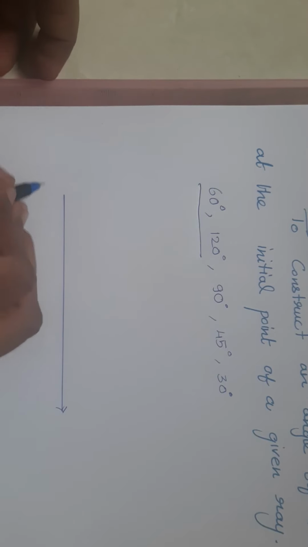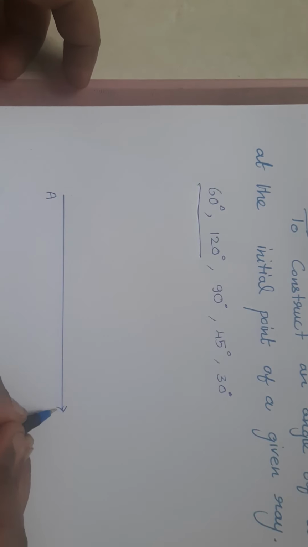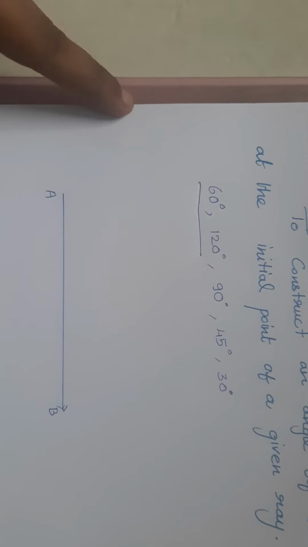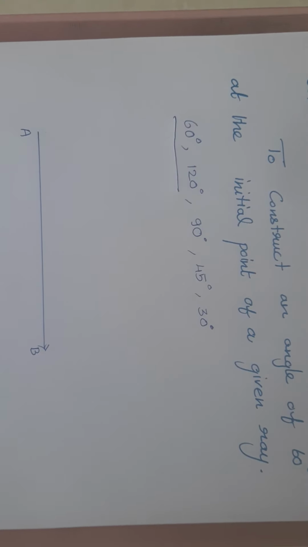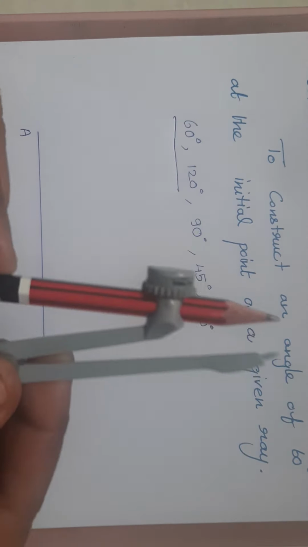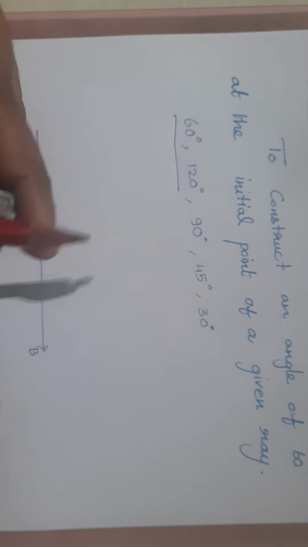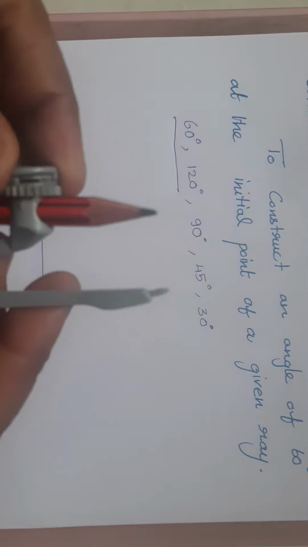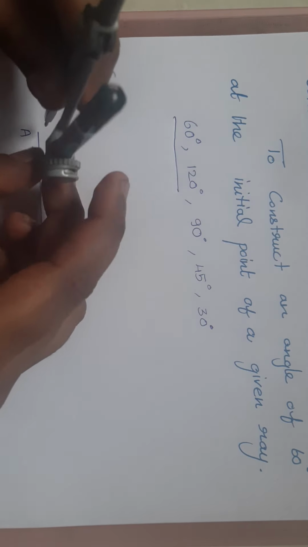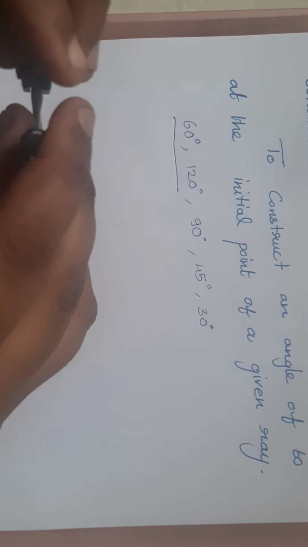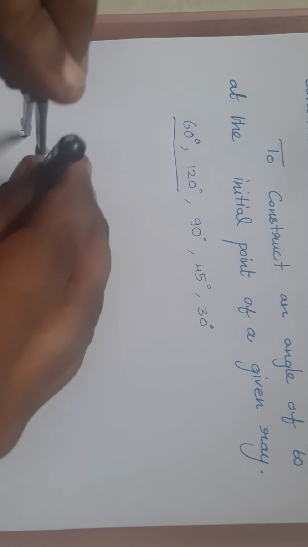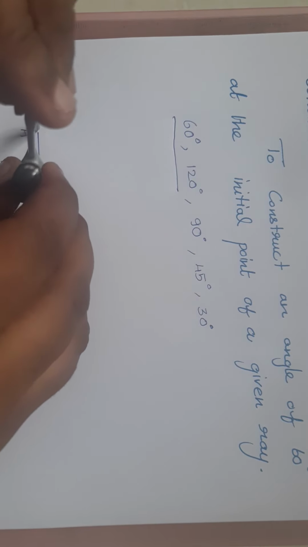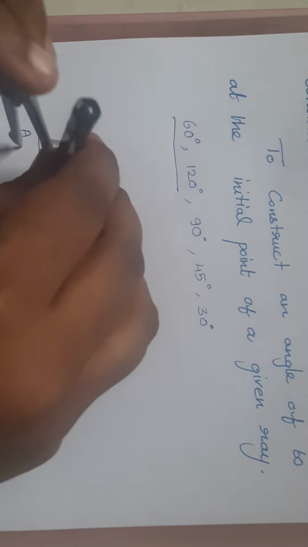My ray name is AB. From my ray take your compass. Take any measurement of radius. Keep the needle here and draw one arc.